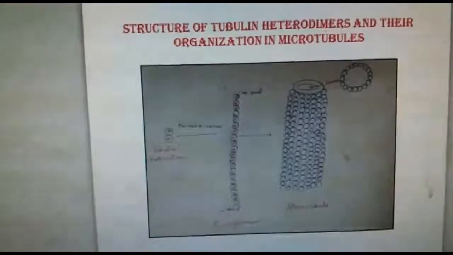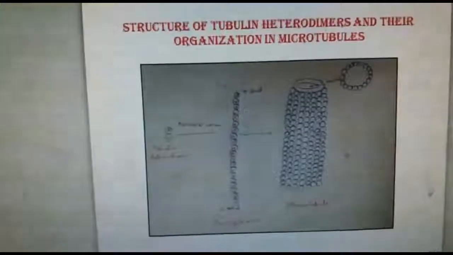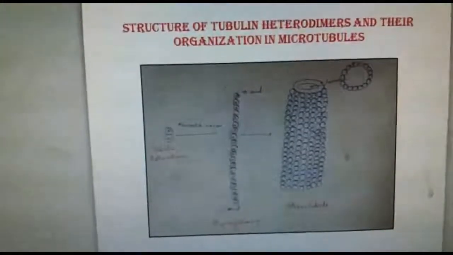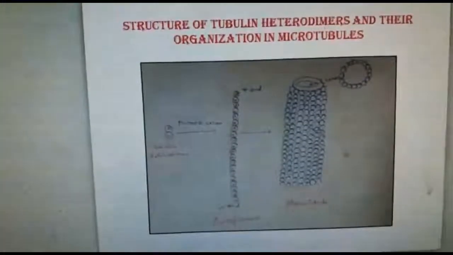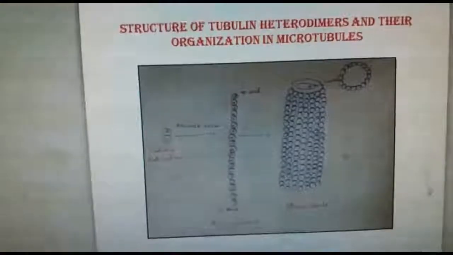Now the structure, how does it look? Microtubule polymers are composed of alpha beta tubulin heterodimers arranged in a uniformly repeated head-to-tail fashion.